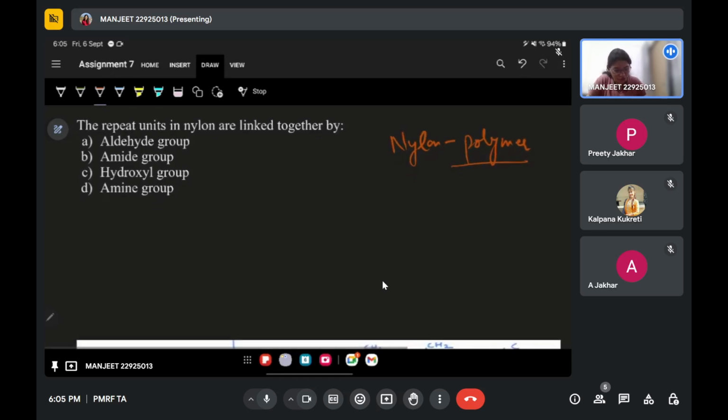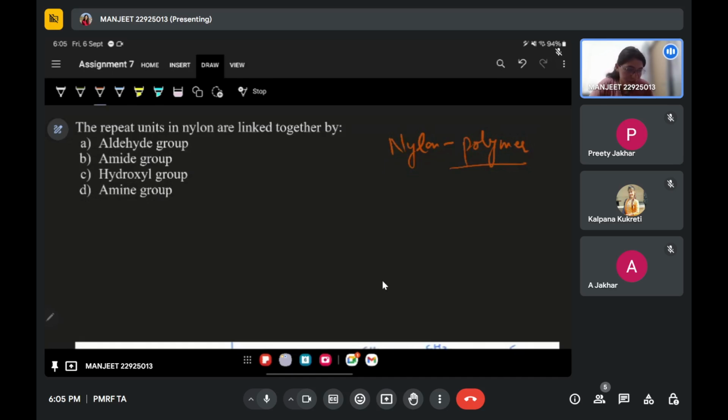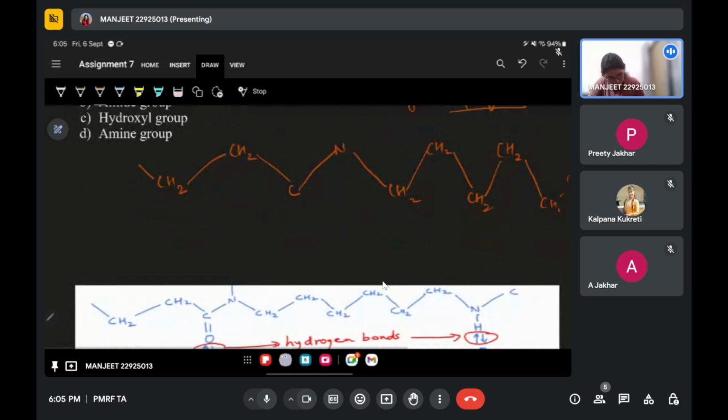Basically, first we should know the structure of nylon. If I draw it, this is CH2 linked with the nitrogen, then another CH2, then CH2, CH2, CH2, and this keeps propagating, forming one sheet of layer.